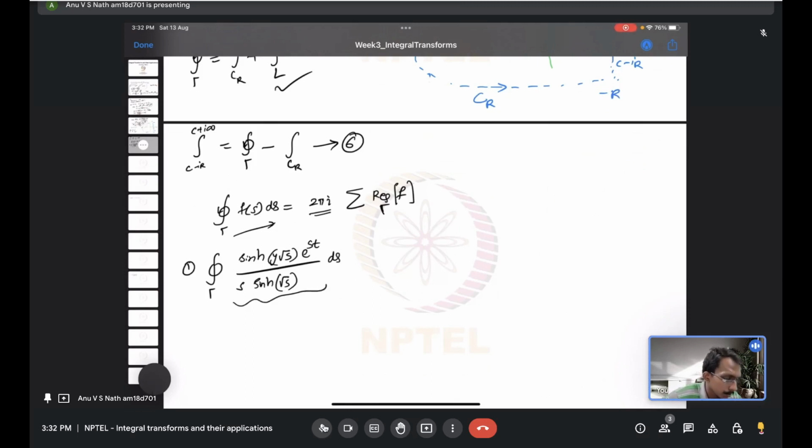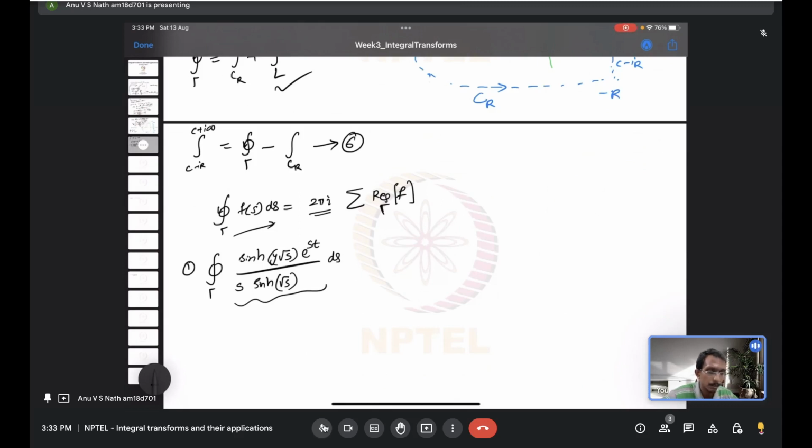So what are the singular points of this function? Singular points are where the denominator is going to 0, the obvious singular points. So now we can see here, s equal to 0 is a singular point, and you have to be careful that the function is actually a ratio of sine hyperbolic to sine hyperbolic, which also contains s inside. So there can be removable singularities, but that's okay when we find the residues.